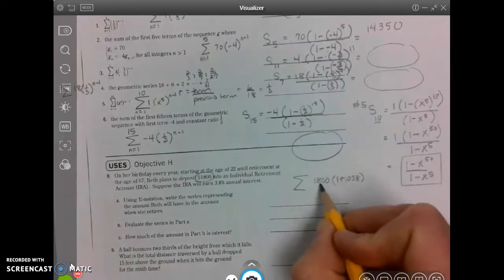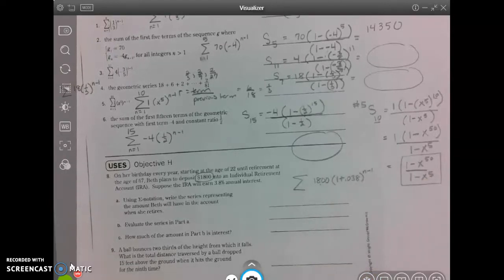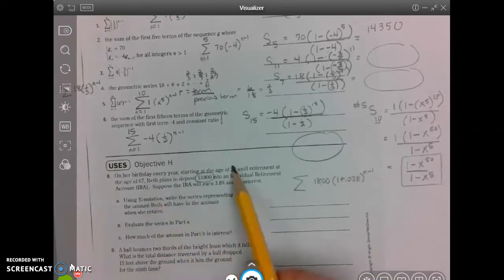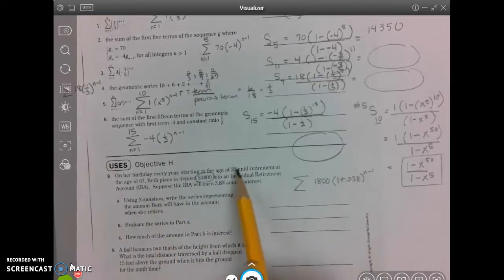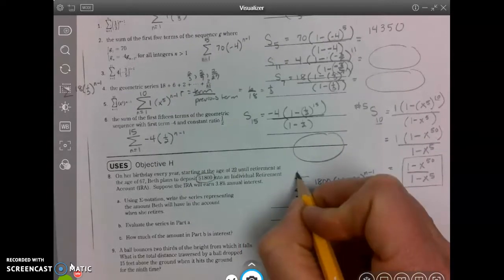And because this is the first term, this is going to be to the n minus 1 power. We do need to figure out how many years have passed here, from 22 to 67. So when I subtract 67 minus 22, I get that there's 45 years. So it'd be from n equals 1 to 45.